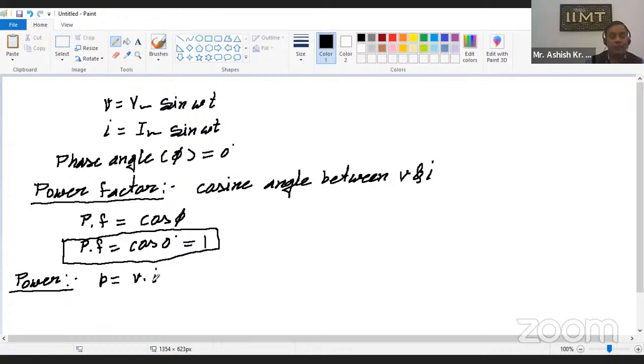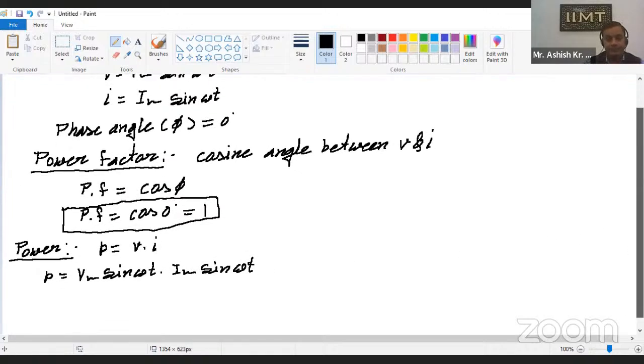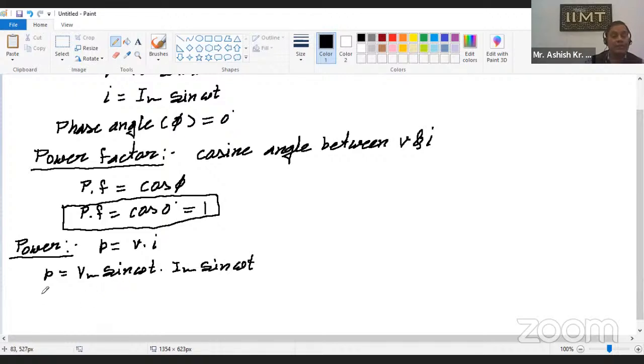We know that v and i are Vm sin omega t and Im sin omega t. Putting these values, the instantaneous power taken by the purely resistive element is Vm Im sin square omega t.